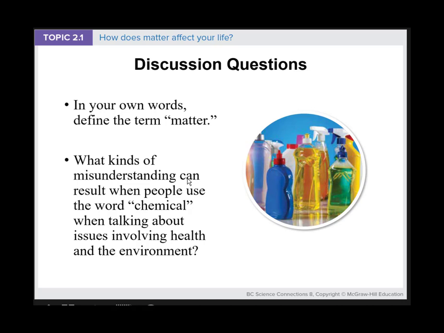Now, sometimes people misunderstand the word chemicals. They mean totally different things than matter. They always assume that it's something to do with chemistry, or making experiments or things that blow up. Okay? But everything is some form of chemical. All right?